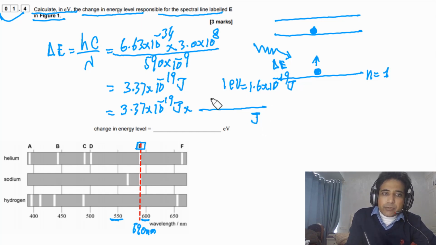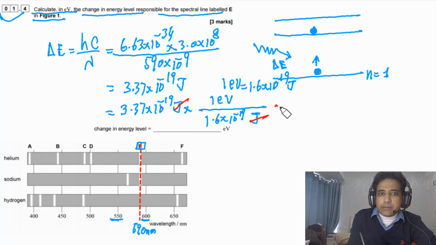So 1 electron volt divided by 1.6 times 10 to the minus 19 joules. Now we can cancel this joule with this joule, and if we solve, we will get our final answer, about 2.1 electron volts.